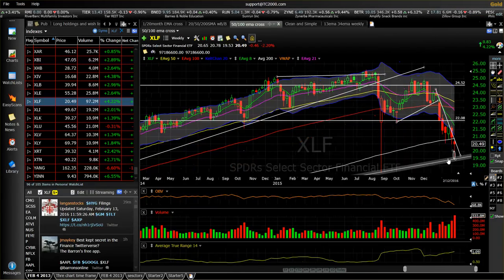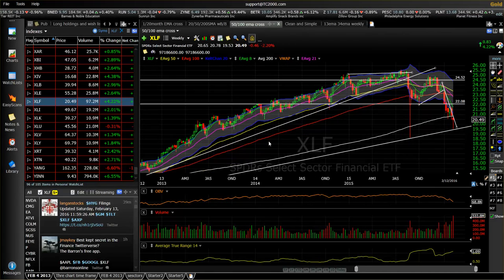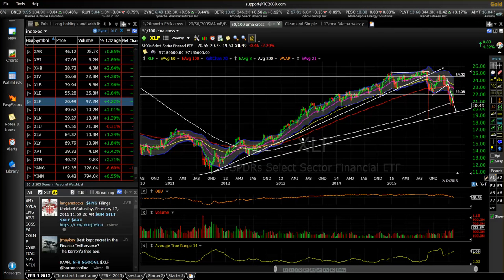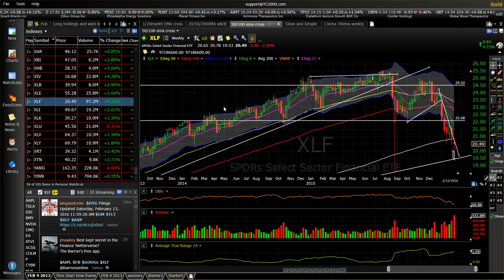But if we close in here, we can see that that dominant uptrend is being tested. And if we break below this long-term dominant trend line and start a new trend to the downside, there could be a significant amount of pain ahead for the financial sector. And that's going to include banks. So that's going to make me a little gun shy when it comes to looking to take a specific or a long-term investment in a bank.